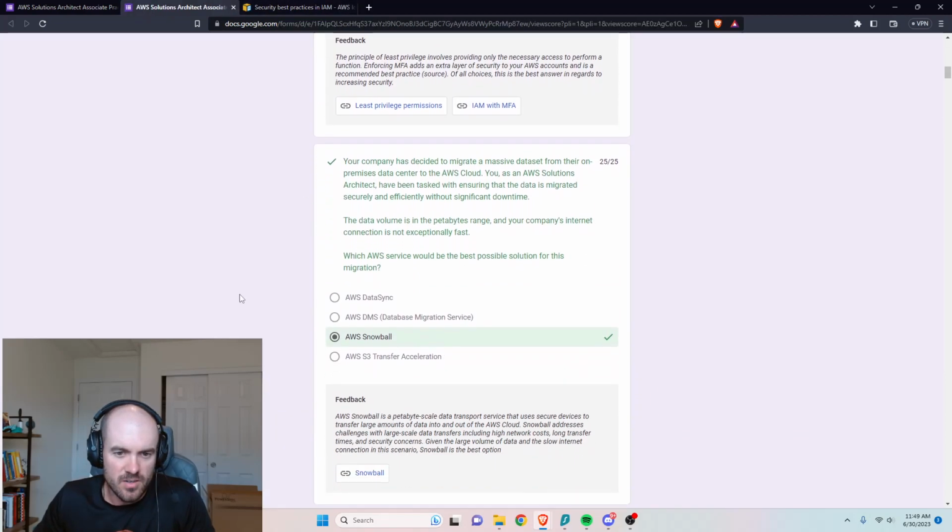Moving on. So, yep, Snowball is going to be spot on for migrating from on-premise to the cloud, especially if you have a lot of data with slow internet.